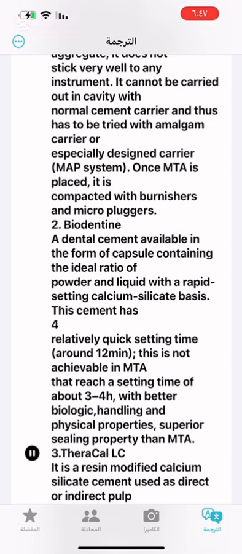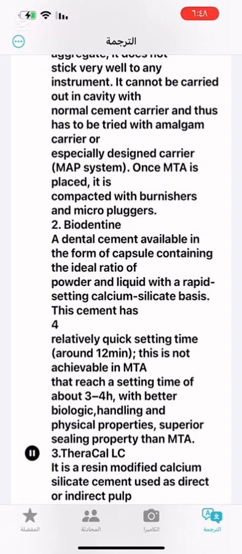2. Biodentine. A dental cement available in the form of a capsule containing the ideal ratio of powder and liquid with a rapid setting calcium silicate basis. This cement has a relatively quick setting time, around 12 minutes.